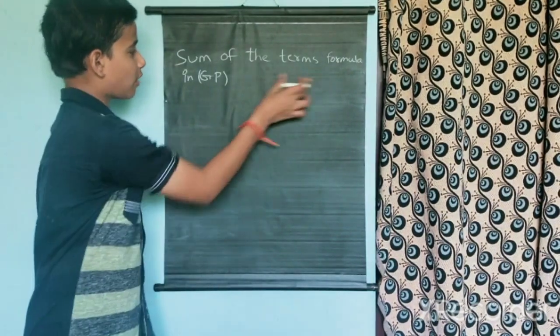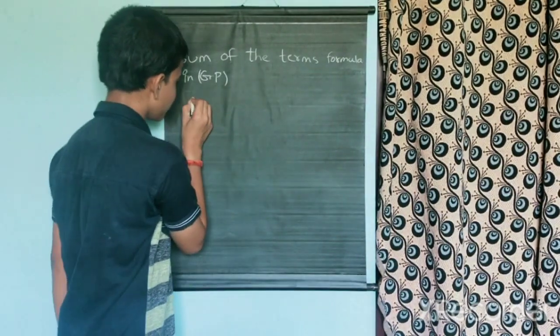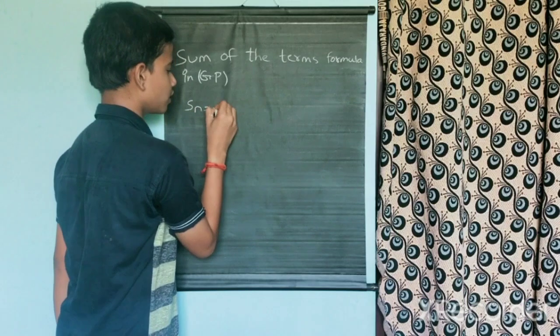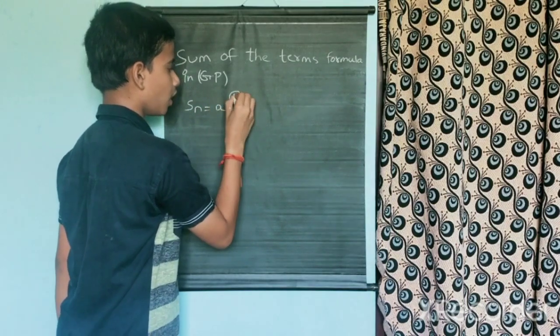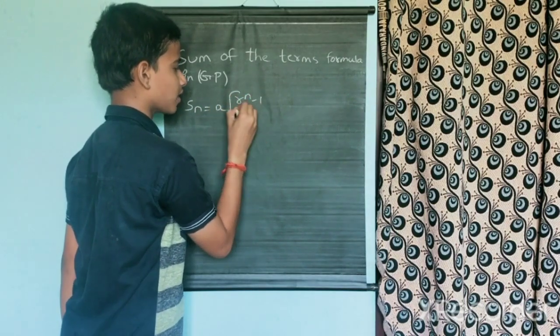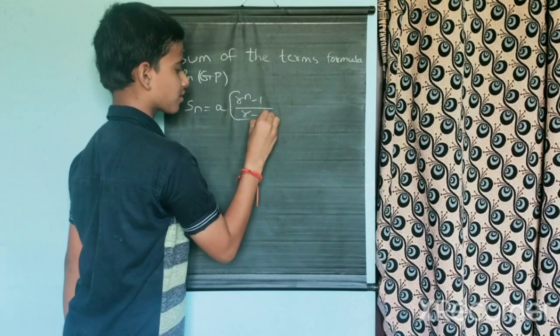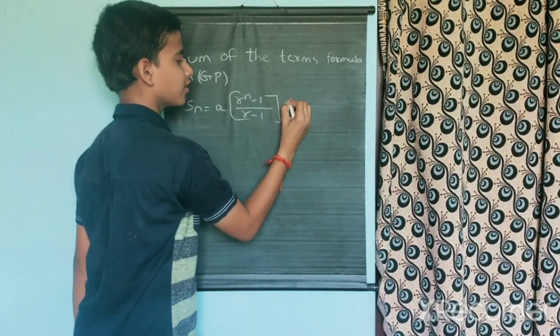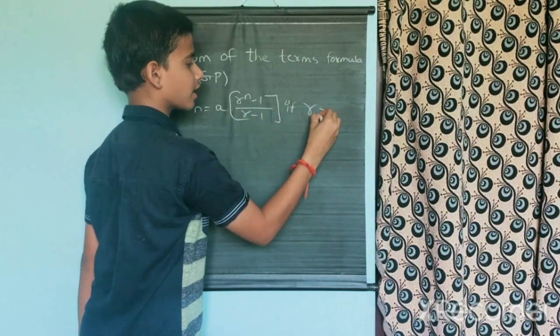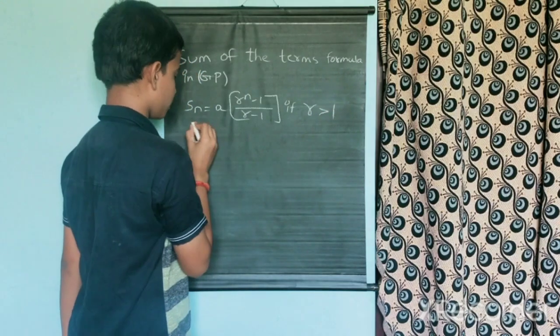The sum of the terms formula in GP is Sn equals a into r power n minus 1 by r minus 1, if r is greater than 1.